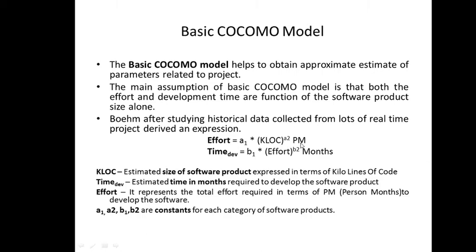This is simply an example of a single variable. So effort is calculated as A1 KLOC raised to the power A2, measured in person-months. This is the unit of effort, person-month. While development time is calculated as B1 effort raised to the power B2, and the unit is month. Time is measured in months, effort is measured in person-months.